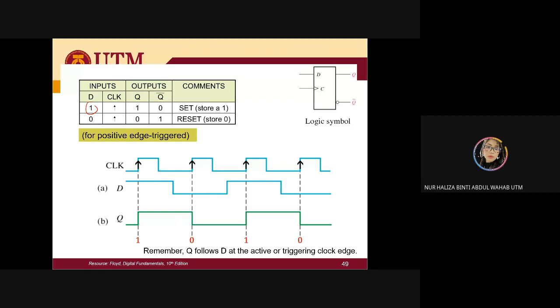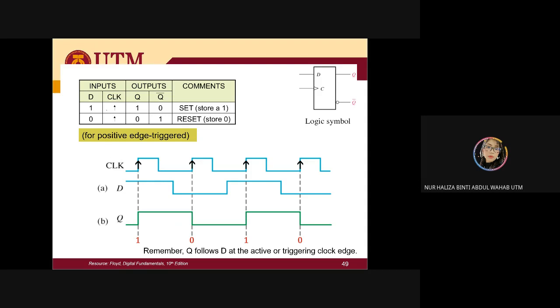You can see here this is basically similar: 1 to be set, 0 to be reset. The flip-flop has a similar table to the latch. The only difference is that last time for the latch you had EN, which is 1.